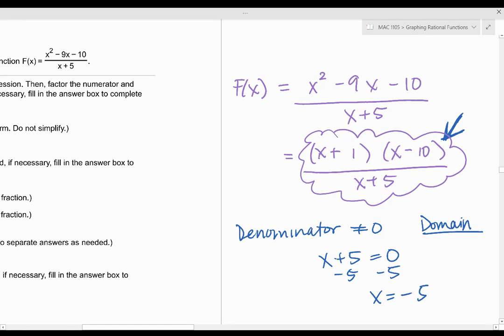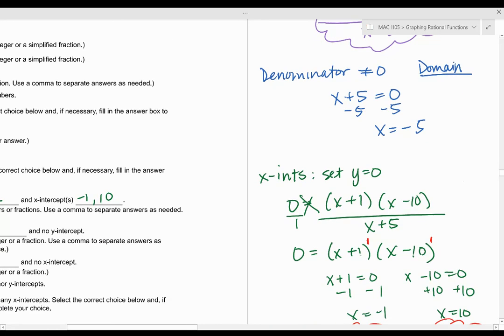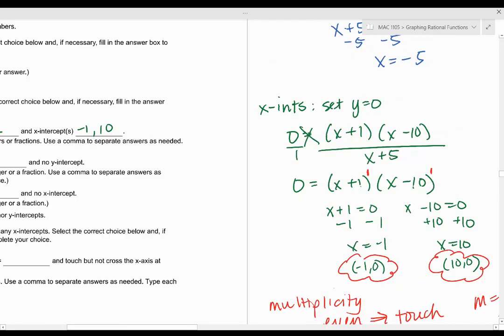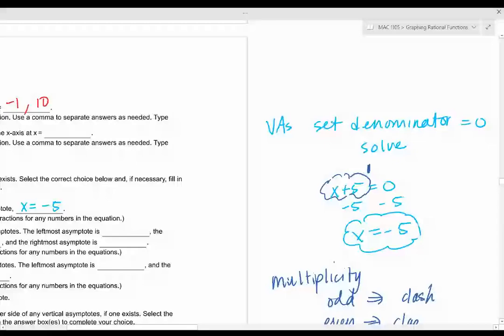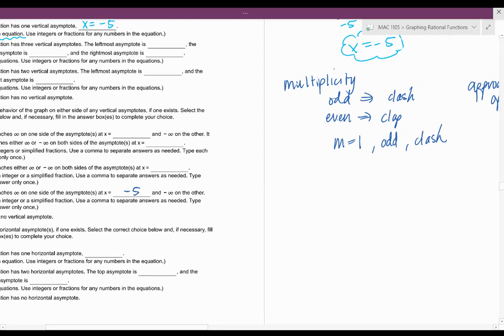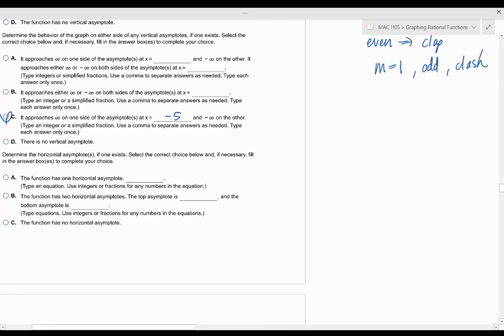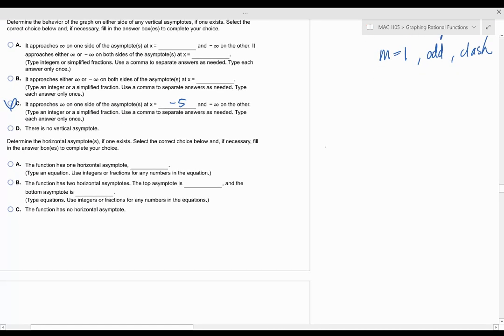Let me rewrite it for you actually. Our function was f of x equals x squared minus 9x minus 10 over x plus 5.